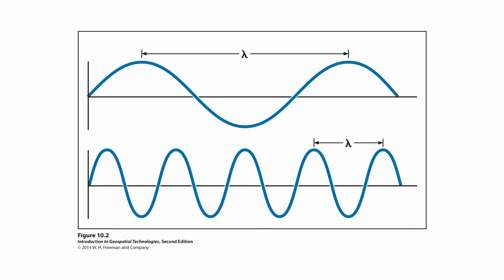So when we talk about electromagnetic energy, remember it moves in waves, and the wavelength is the distance between the peaks, and the frequency is the number of peaks per unit time. Here's an example of a short wavelength and a long wavelength.